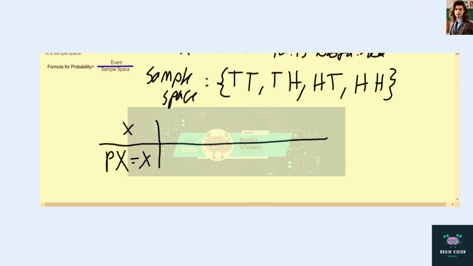It's the event you want to happen or event you are calculating for, or the outcomes you're looking for. So we're looking for how many tails will come up when tossing 2 coins, and the probability of that X outcome occurring.